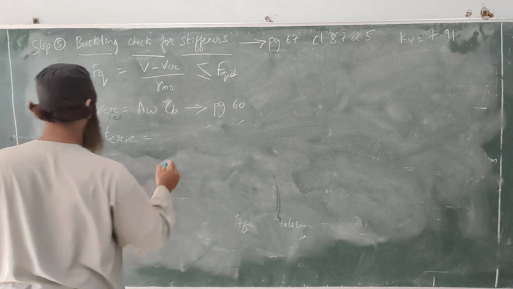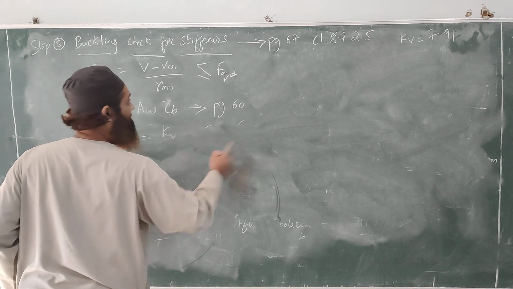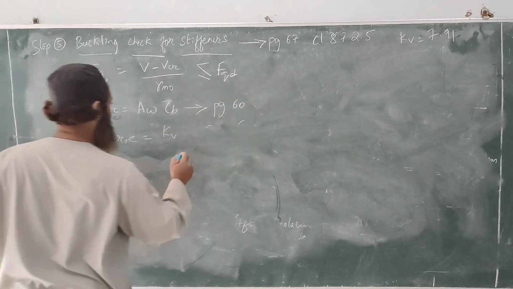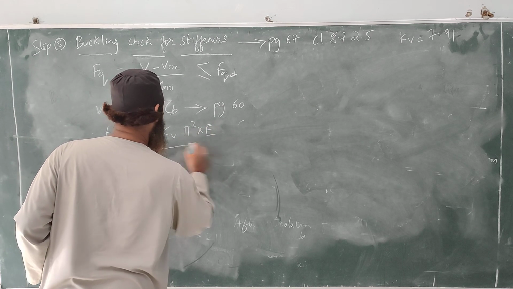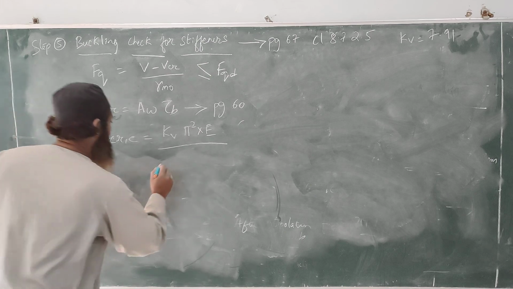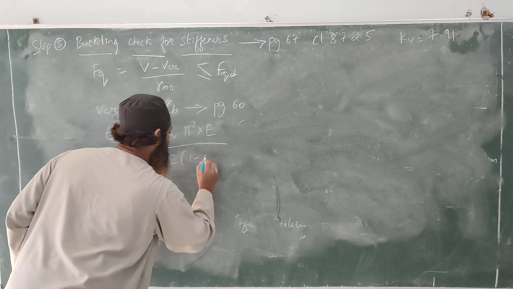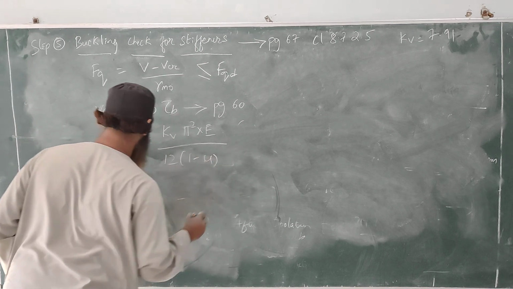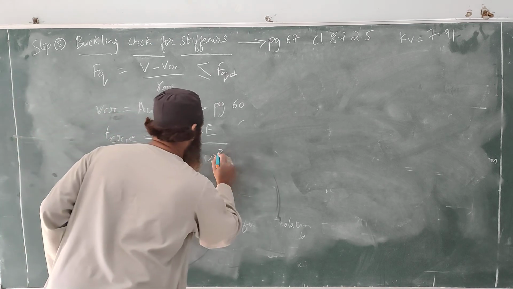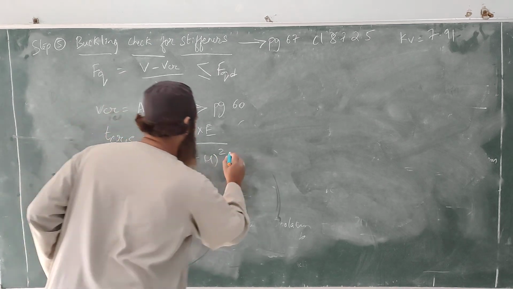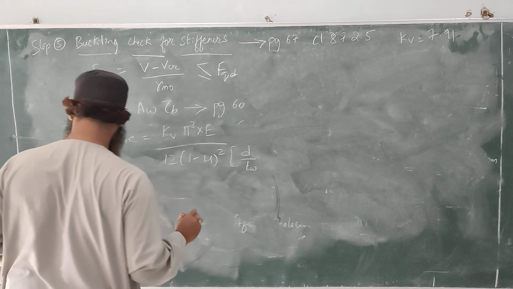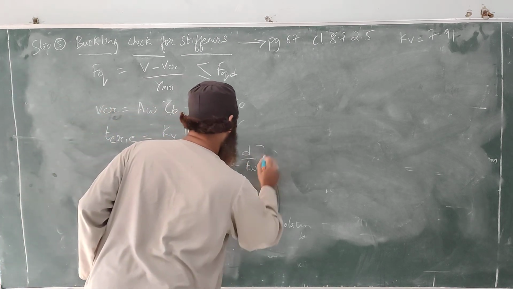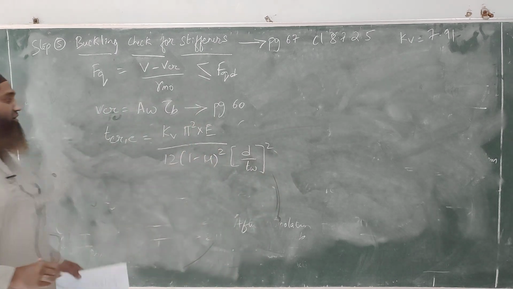Let us see now what tau CRE is. Tau CRE is equal to kV, which I have found out, into pi square into E by 12 into (1 minus mu square) into (d by tw) whole square. Now we'll have to find out this value.